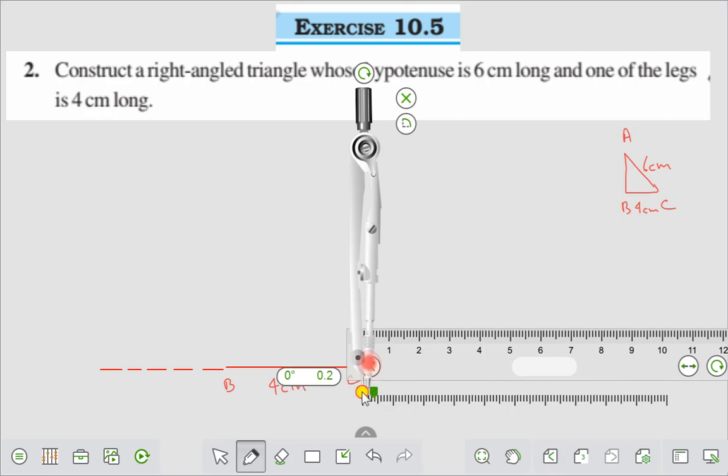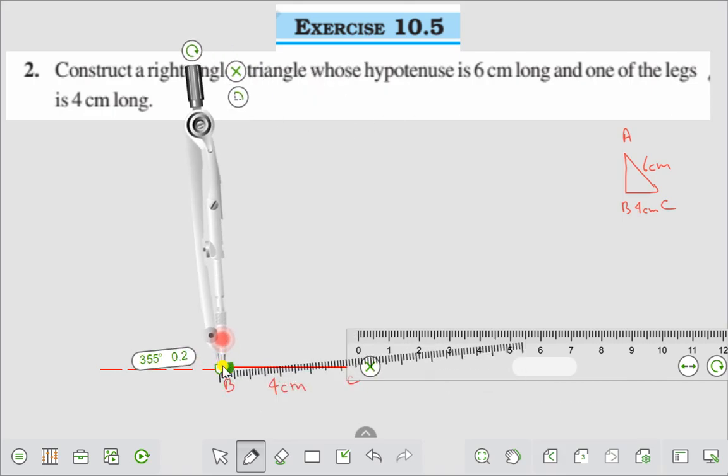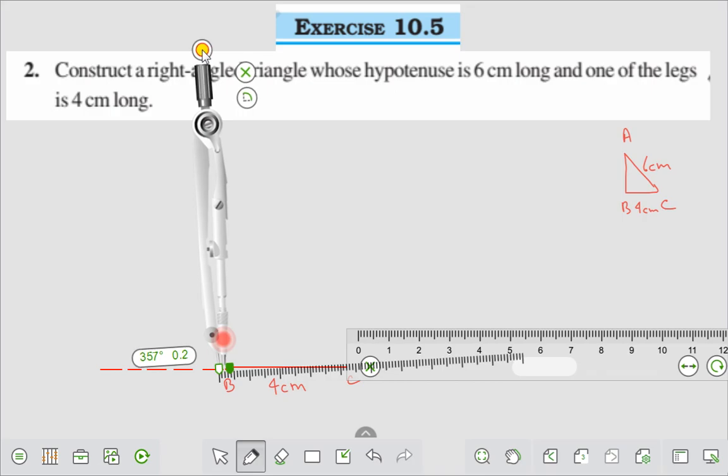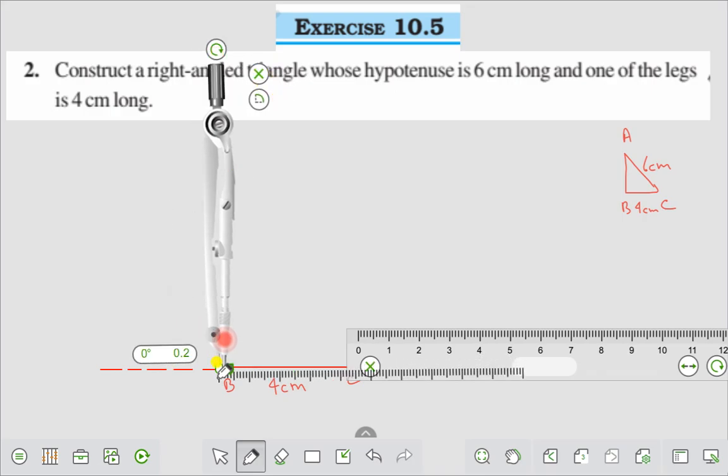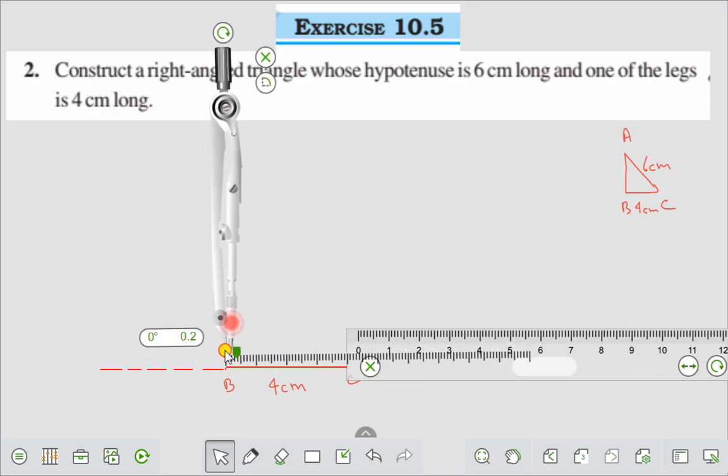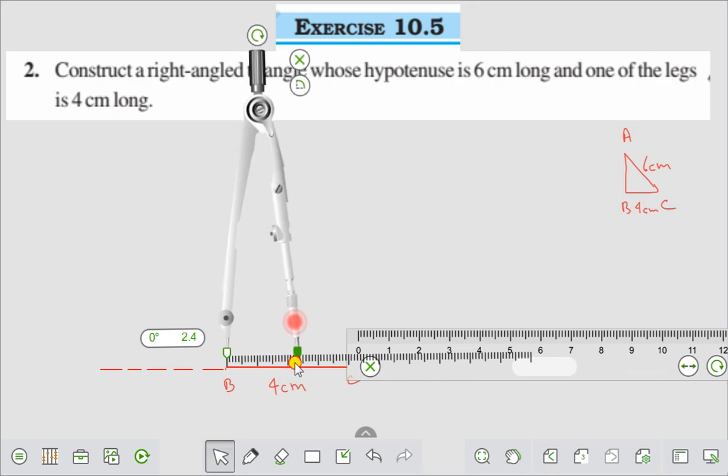Take this pointer at point B and make an arc. Right?